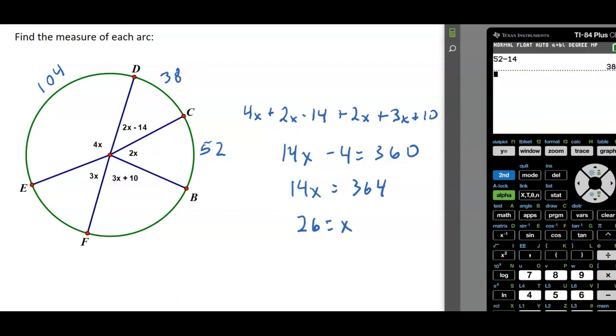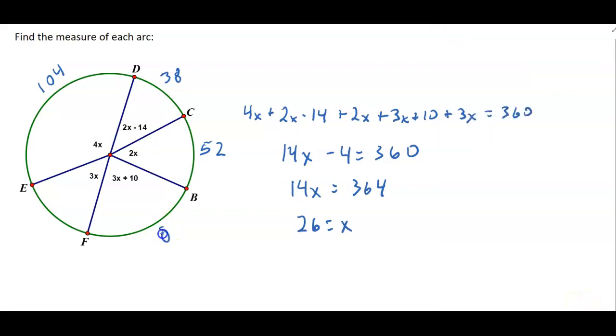And 3 times 26 plus 10 is 88. And 3 times 26 is 78. All right, so that's what you need to know about arcs and central angles.